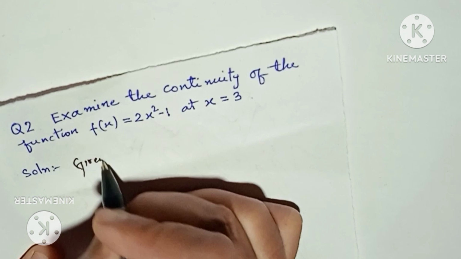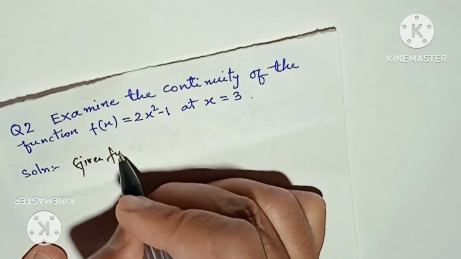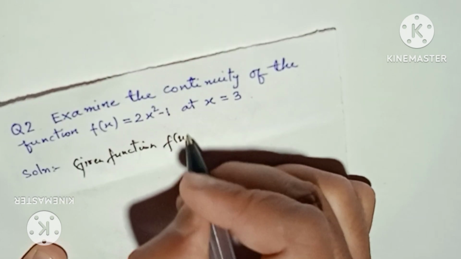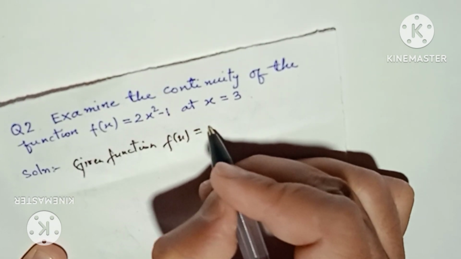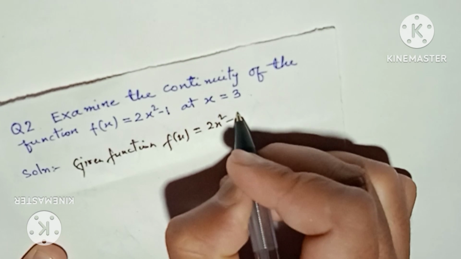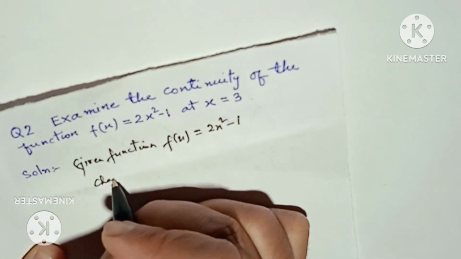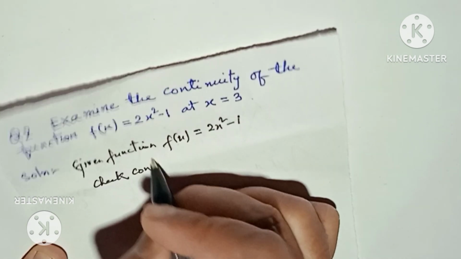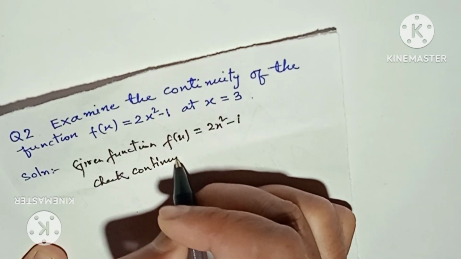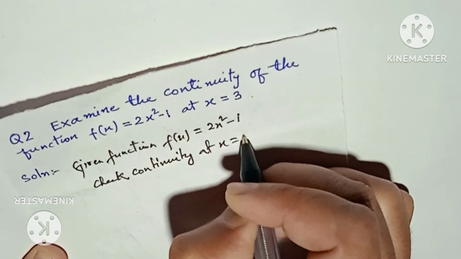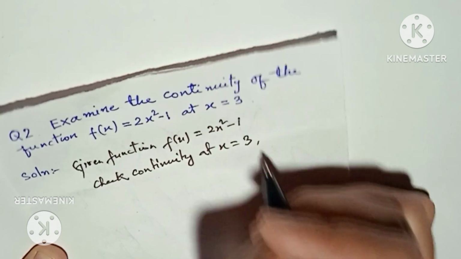Given function f of x is equal to 2x squared minus 1. Check continuity at x equal to 3.